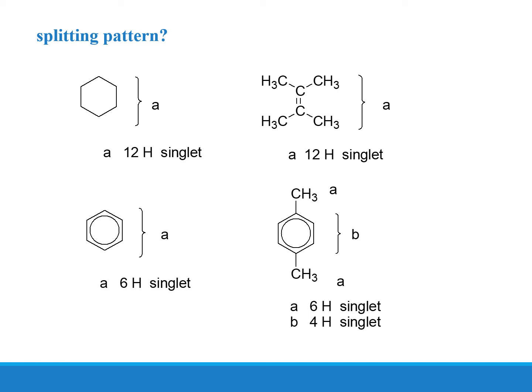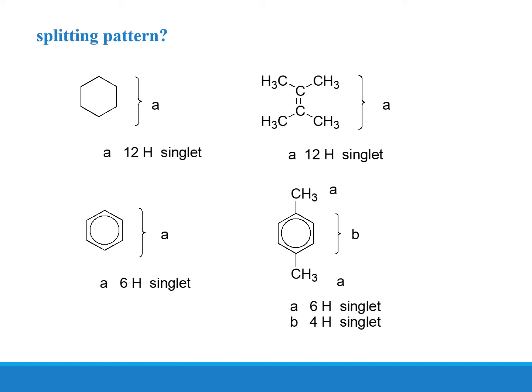Okay, so for cyclohexane and benzene or 2,3-dimethylbutene, you have equivalent hydrogens all over the structure, which means there is no way to speak about splitting pattern. They just appear as a singlet.